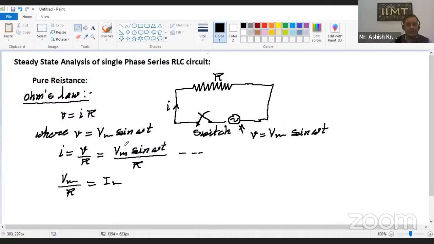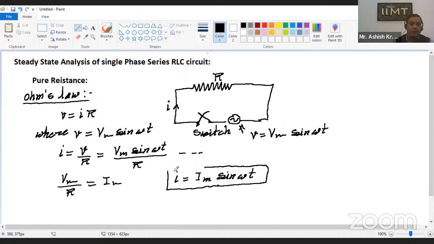Putting Vm upon R equals Im, we get the instantaneous value of current I equals Im sine omega t. When we apply voltage across non-inductive resistance, the current flowing through it is given by I equals Im sine omega t.